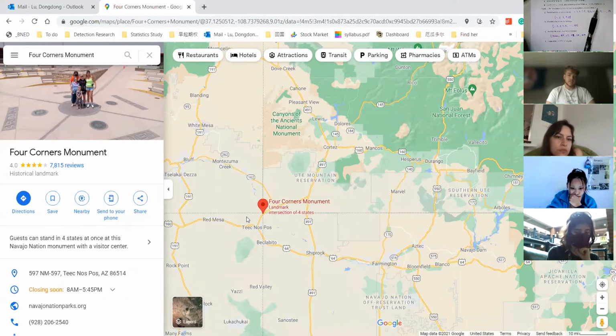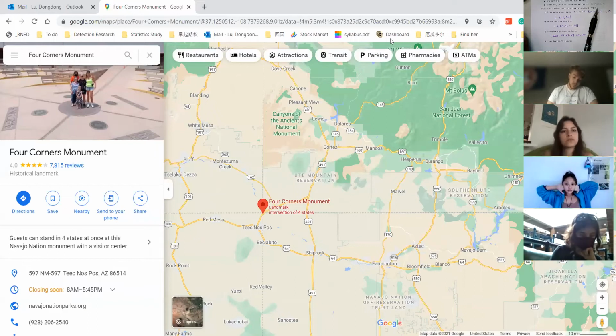If you write that Arizona is also adjacent to Colorado, I will give you full credit. If you do not write Arizona, that's also fine. You also receive full credit. That's it for the dispute with Arizona.